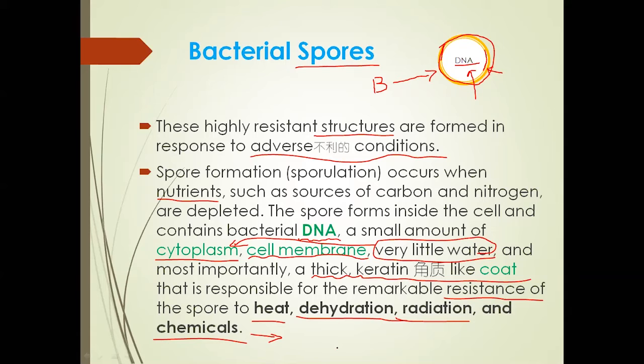Then, when the environment is suitable, like when there is more nutrition and the temperature is suitable for bacterial growth, the spores can go back to bacterial form again, with capsules, cell wall, cell membrane, and more cytoplasm, more nucleus. So everything goes back.